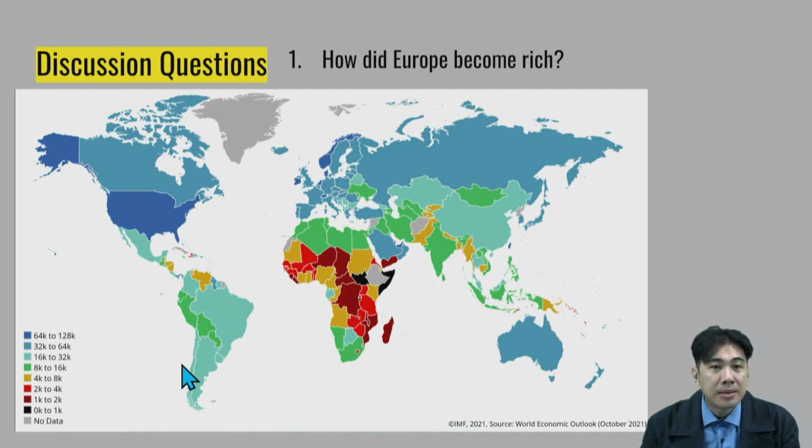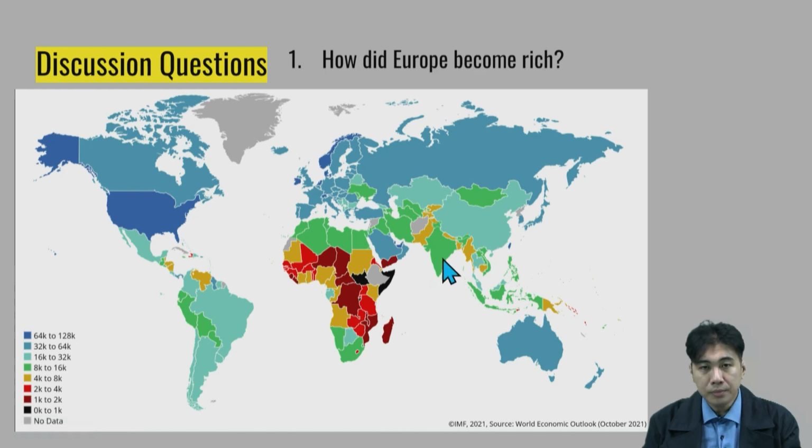India and the Philippines are sort of middle-income economies. They're the ones making from $8,000 to $16,000 a year. This is mostly Southeast Asian countries. They're not very poor, but they are poorer than high-income countries.